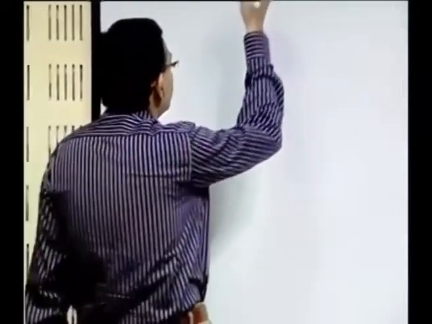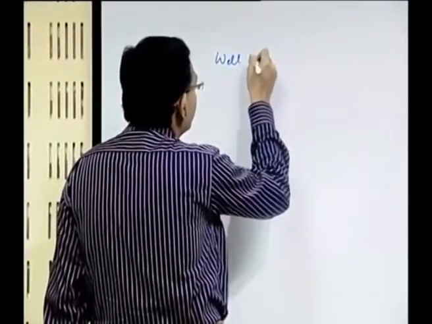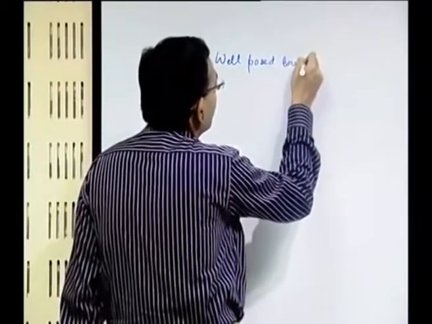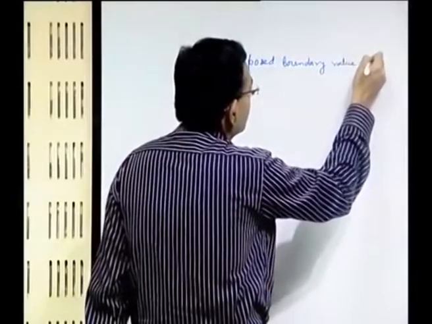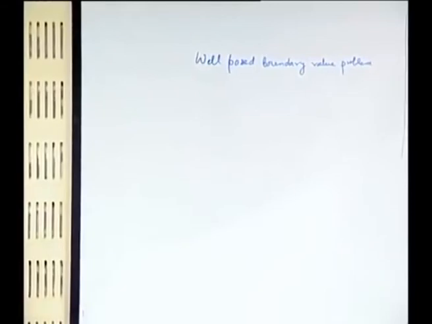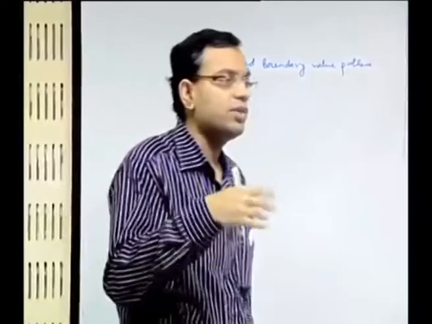The first terminology that we will consider is what we call a well posed boundary value problem. Sometimes we in a loose sense say that the problem is ill posed or the problem is well posed.